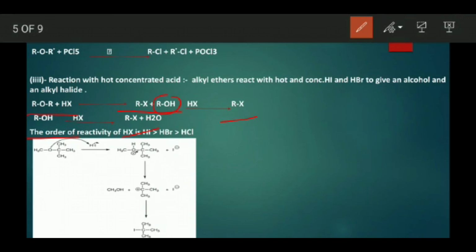But in case of tertiary alkyl ether, the tertiary group forms iodide and the primary group forms what? Alcohol.